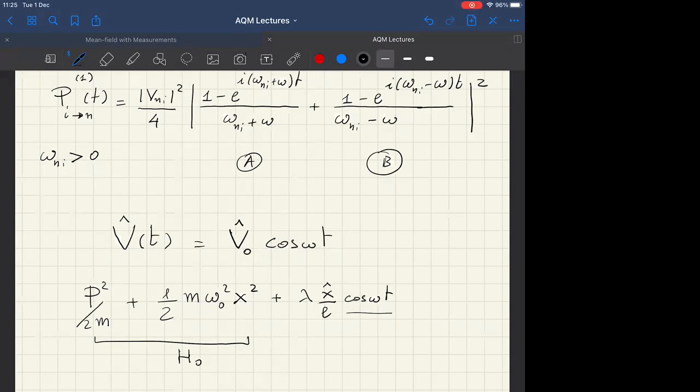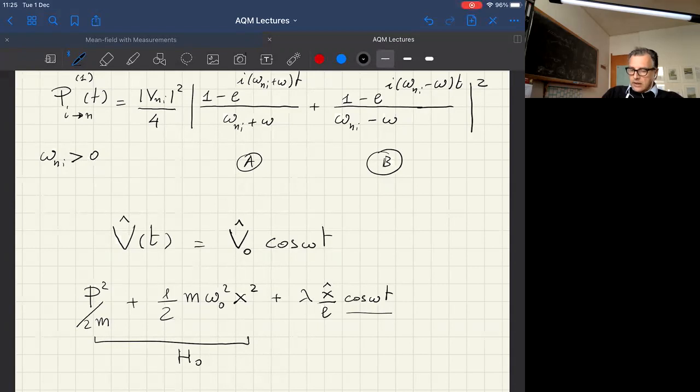Now, in the expression that I have to compute, I have to compute some matrix element of this object between the eigenstates. I call the eigenstates n and n prime, the eigenstates of the harmonic oscillator, and then I have to compute the matrix element of lambda x over L cosine of omega t.